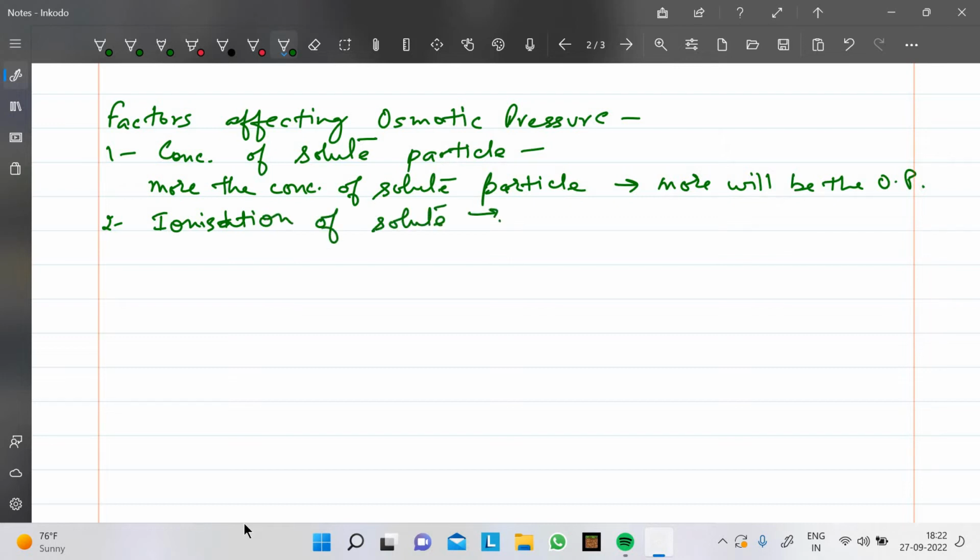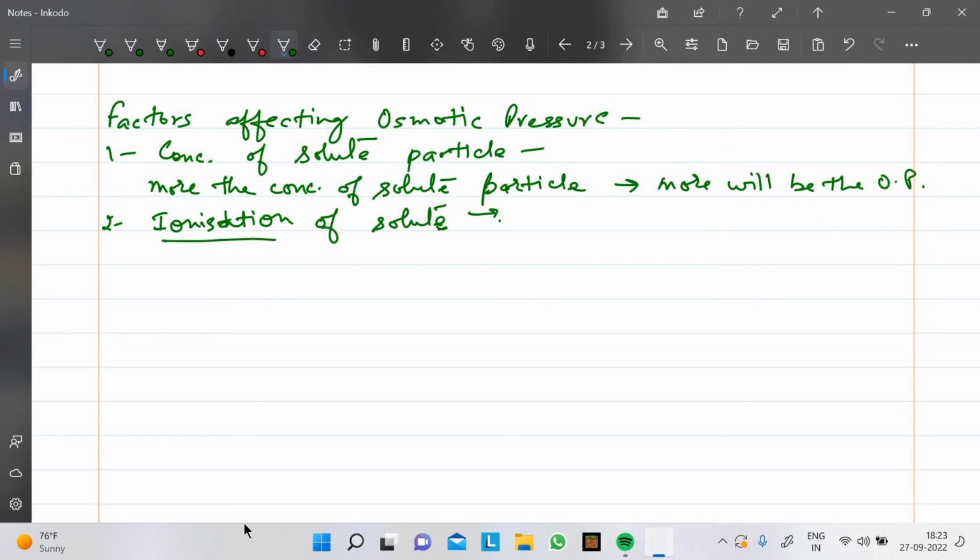What will happen if you put a solute in a pure solvent, and the solute ionizes? If we talk in molecular terms, one molecule becomes two molecules, meaning the concentration of solute particles increases after ionization.